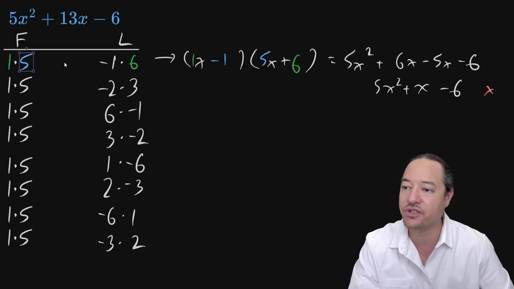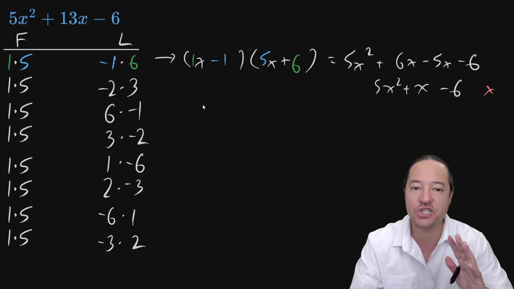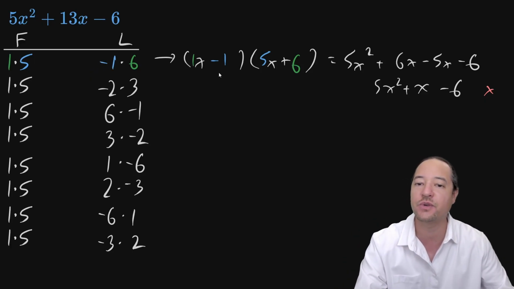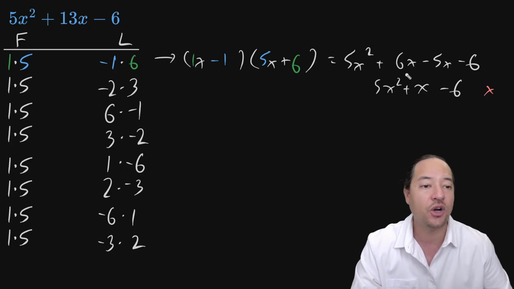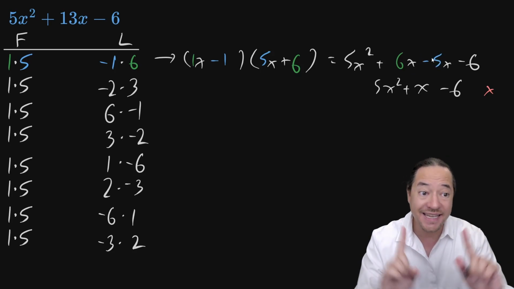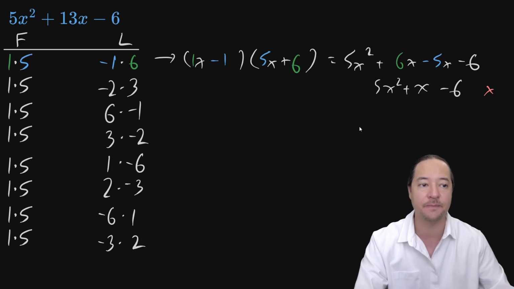Sorry, those were green, and these inner terms are blue. Okay, so I'm just trying to color code this so you can see what's going on, right? And then over here, the important point is that this 6 comes from the outer times the outer, so I'm going to color this green, and this -5 comes from the two inner terms multiplied together.